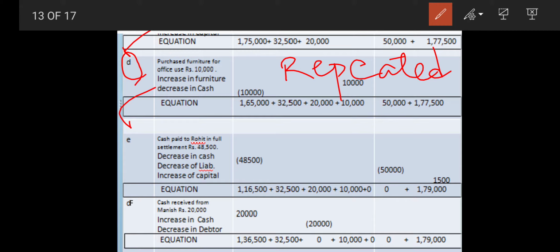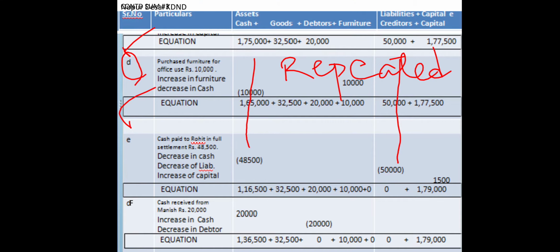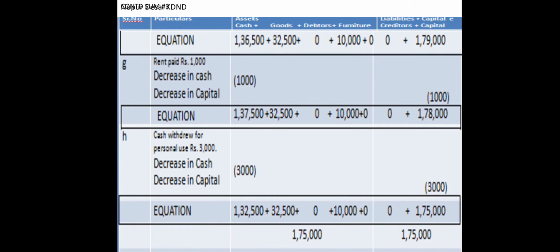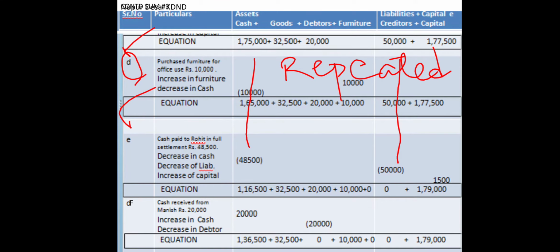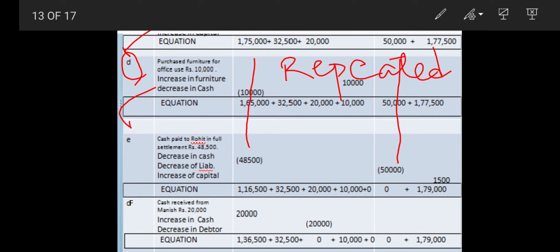So here cash 1,75,000 was there, 48,500 is decrease in cash, 50,000 is decrease in liability, that is my creditors decrease, and overall there is an increase in capital. So you can see over here that there is an increase in capital of rupees 1,500, right?